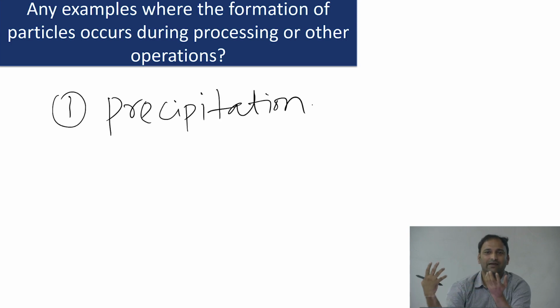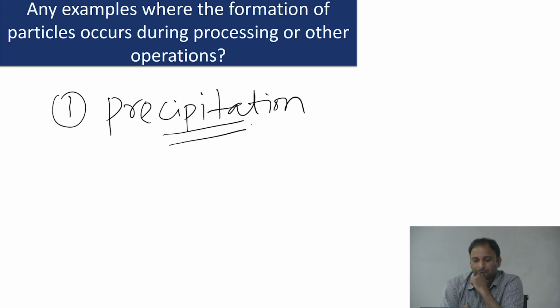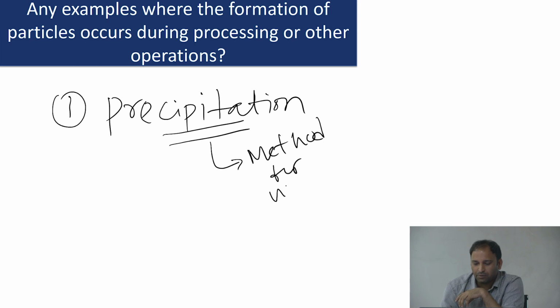If I have, say, a solution, for example, water plus some particles, or say I have some salt or something dissolved in a fluid, and if I have a way of changing the solvent quality, okay, let me take an example. Precipitation actually is again one of the areas where there's a lot of research. I'm going to give an example where precipitation is used as a method for making particles.